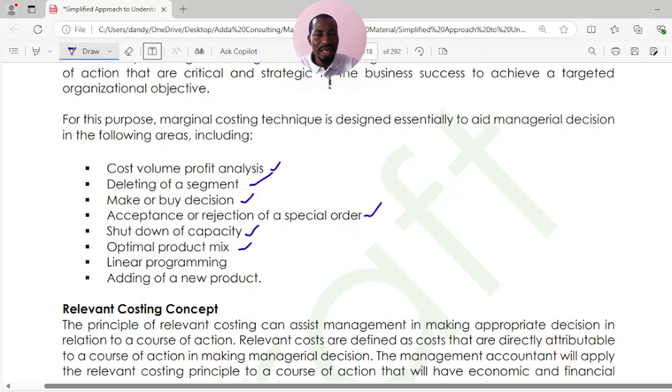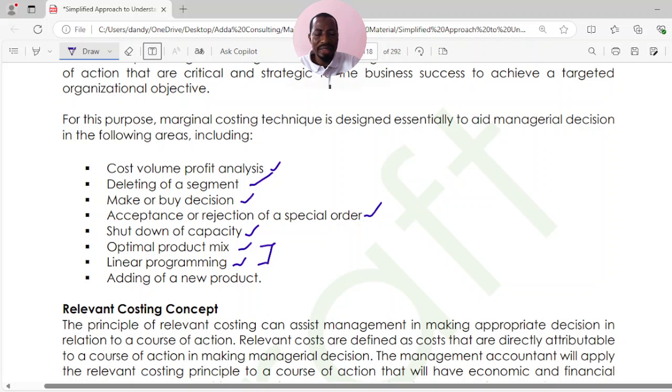Where there's linear programming, you also need the knowledge of marginal costing concept. For the optimal product mix and the linear programming, of course, as you know, when a company does not have sufficient resources, factors of production to produce, the little that the company has will need to be allocated among competing product lines in order to help the company achieve its single objective of maximizing contribution or minimizing cost.